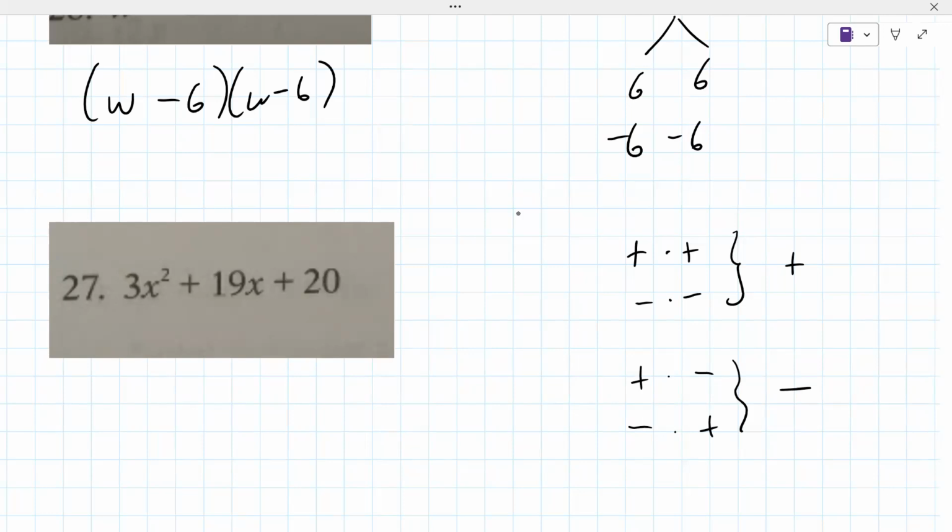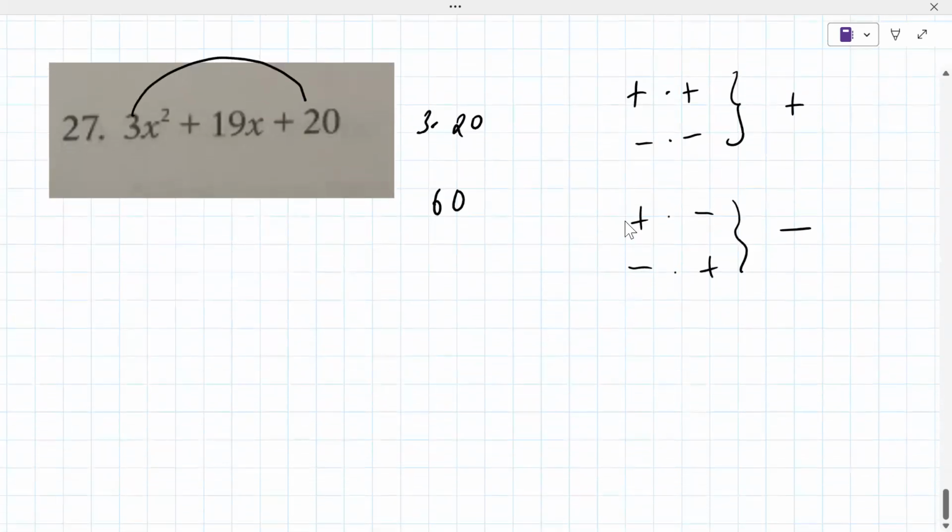All right, so this one's a little bit different. You have to take the first and multiply it by the last. 3 times 20 gets you to 60. So now we're looking for two numbers that multiply to 60, but add to 19. It's kind of like I was telling you before.